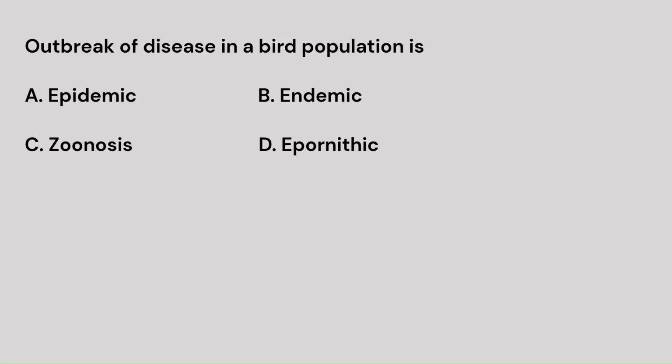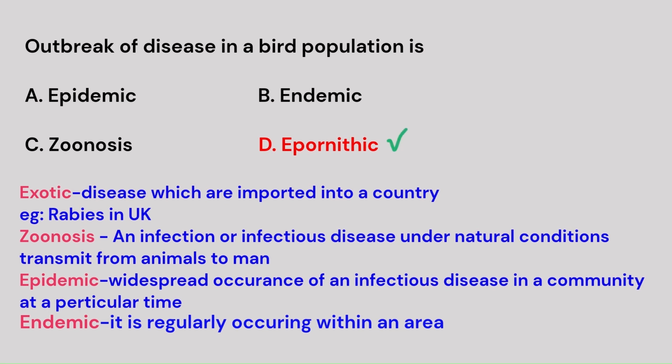Next question. Outbreak of disease in a bird population is option A, epidemic. Option B, endemic. Option C, zoonosis. Option D, epornitic. The correct answer is option D, epornitic. Exotic: diseases which are imported into a country, for example rabies in the UK.